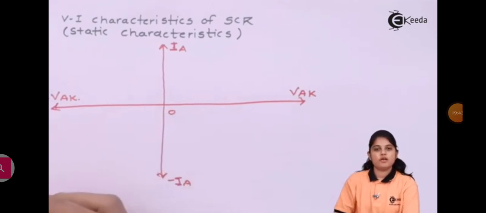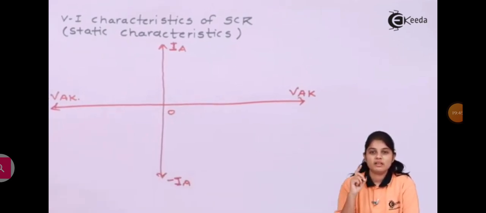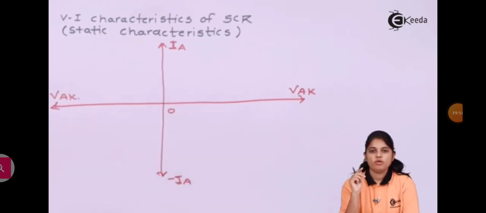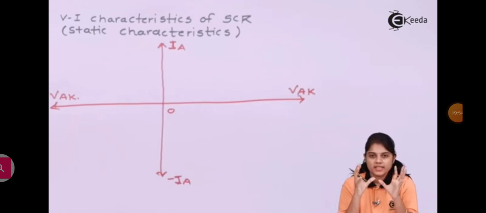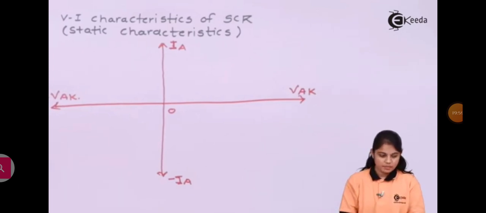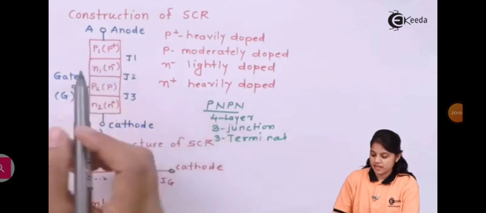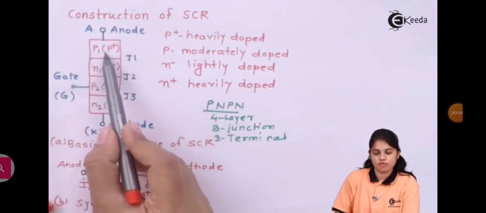Now first we'll see the reverse characteristics of an SCR. You all know what an SCR looks like. It is a PNPN device, which means you have 4 layers. Let me show you those 4 layers. We have seen the construction of SCR, where SCR is a 4-layer device.